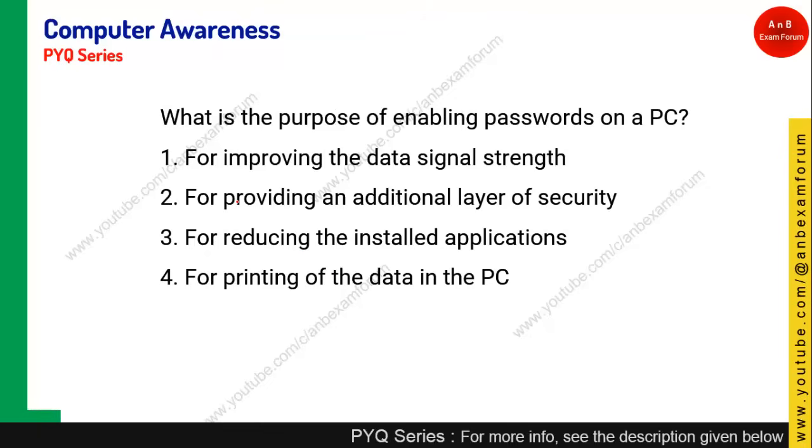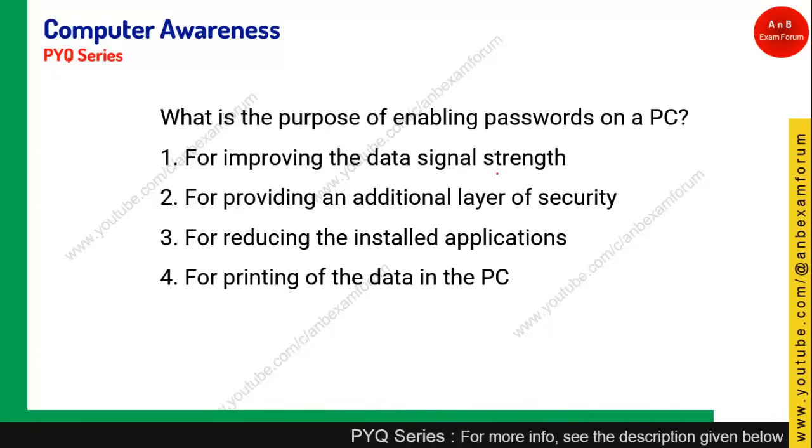Let's see the next question. What is the purpose of enabling a password on a PC? Let's see one by one. For improving data signal strength, it is nowhere related, so you can eliminate. For providing an additional layer of security, yes, passwords are generally used for security, so this could be your answer. Let's see the other options.